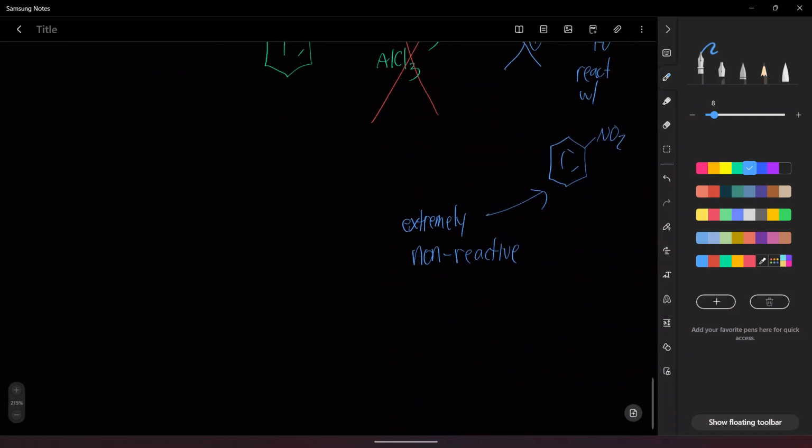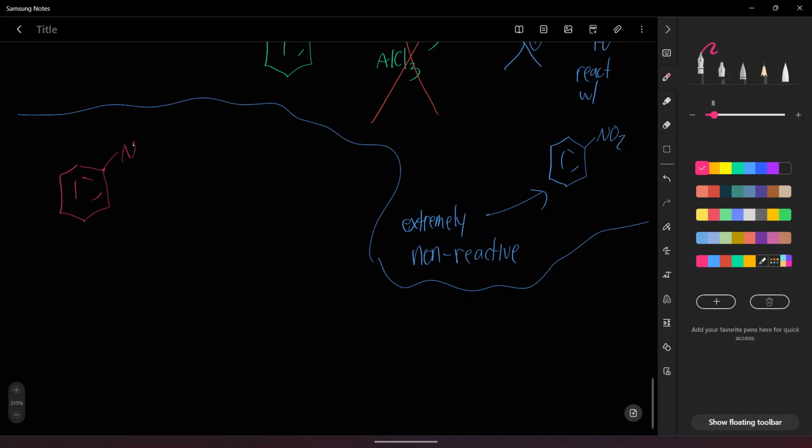And then I lied. There's actually one more that I have to talk about. The sort of thing you have to consider is when you're working with anilines. Anilines are actually really reactive because nitrogen is not very electronegative, so anilines will speed up the reaction tremendously.